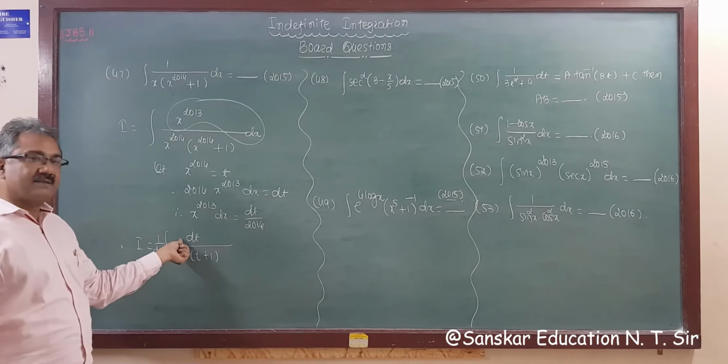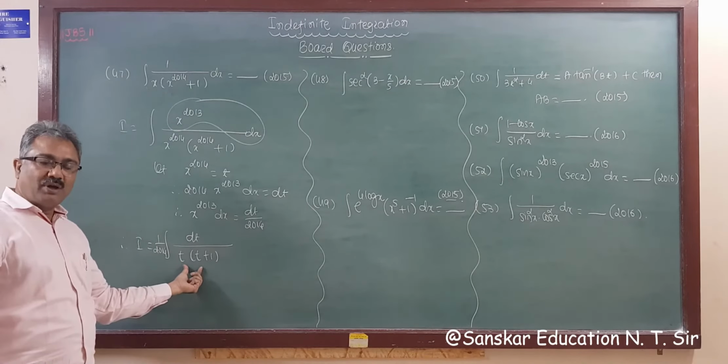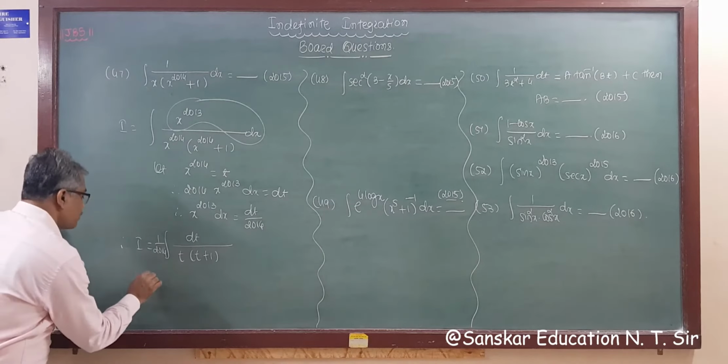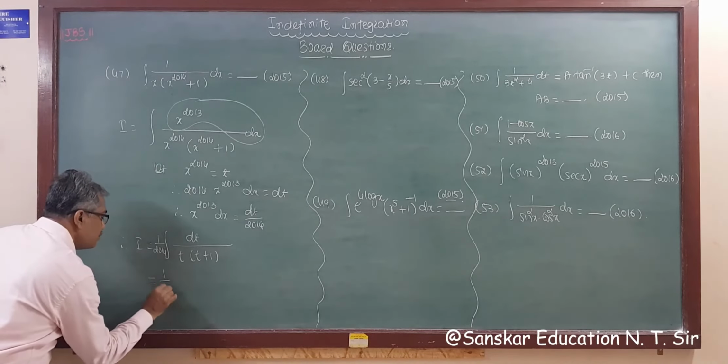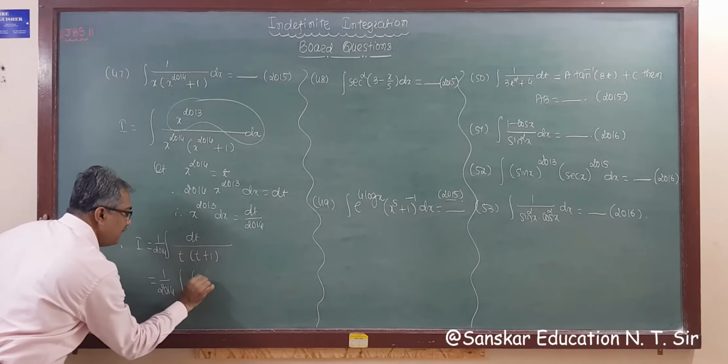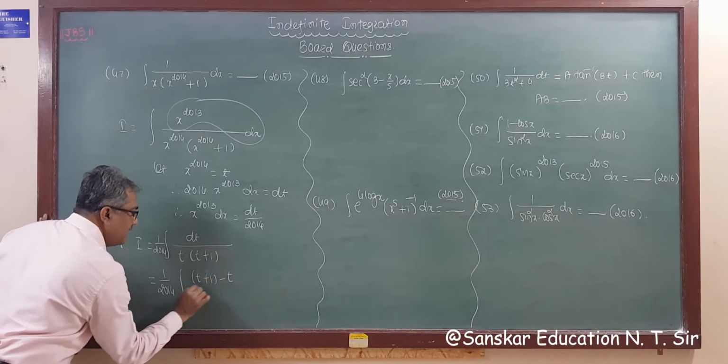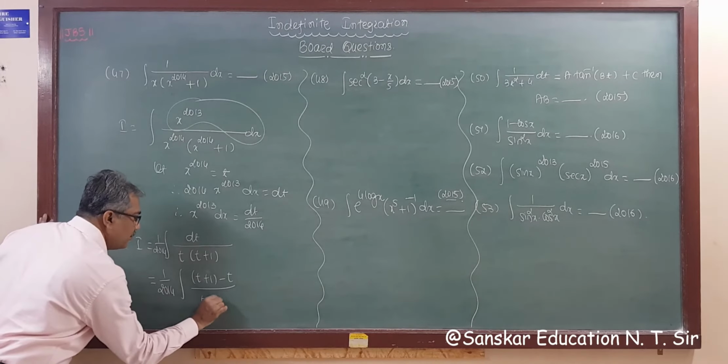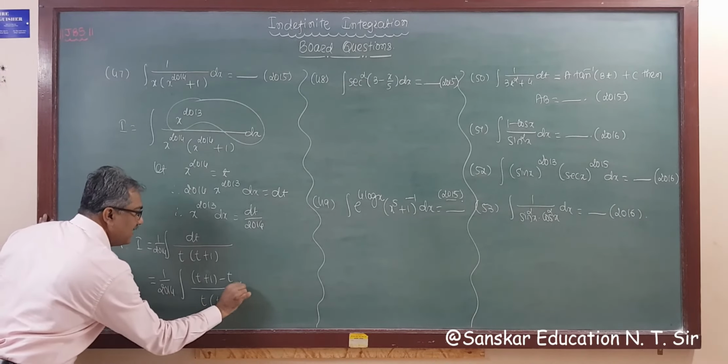Now this is 1, and you know what to do: adjust the denominator in the numerator. So we get 1 upon 2014 integration of t plus 1 minus t whole upon t into t plus 1 dt.